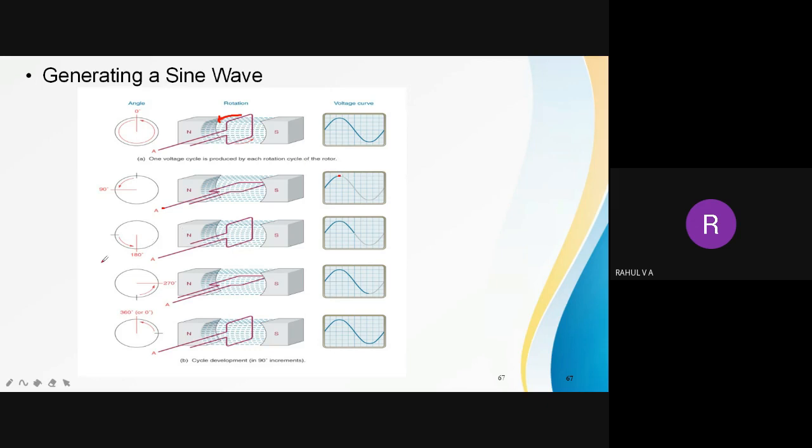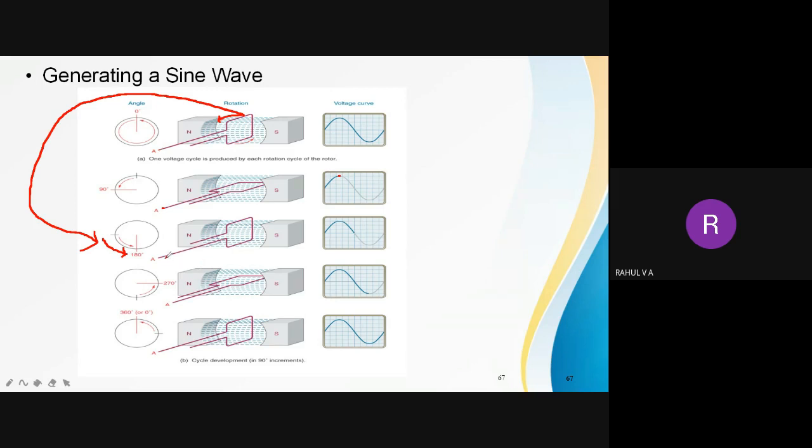Again, you can see that it has rotated a further 90 degrees, that is from 90 degrees to 180 degrees. The diagram is almost similar to the first diagram, but the difference is that in the first diagram A was at the top, and in the third diagram A is at the bottom.